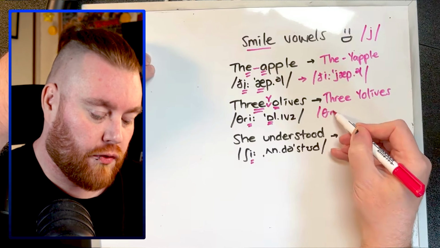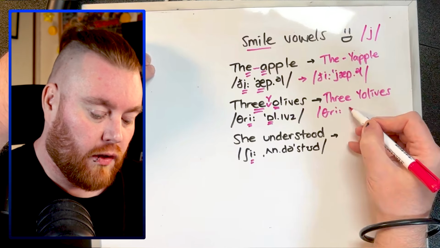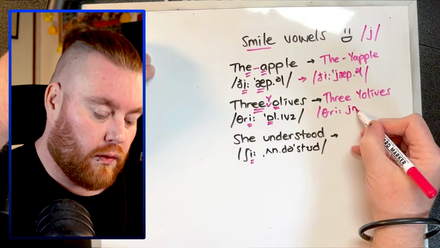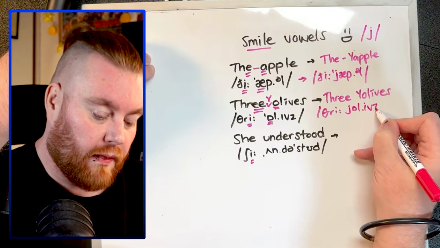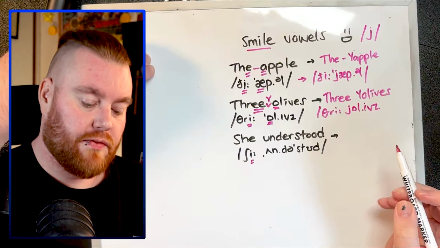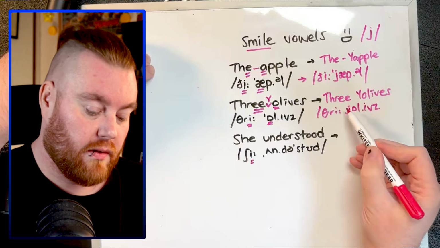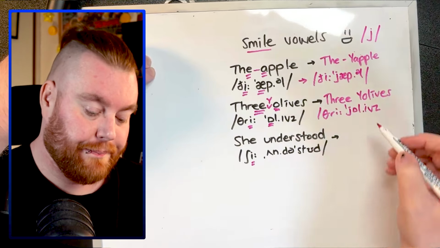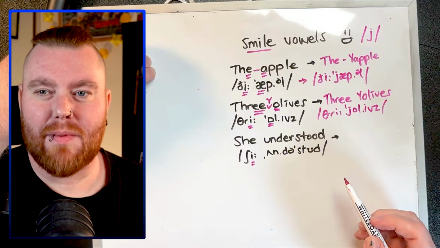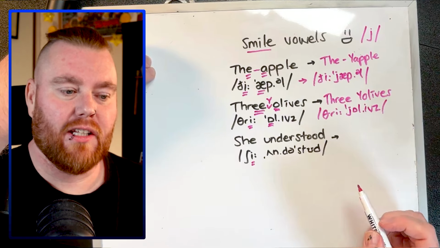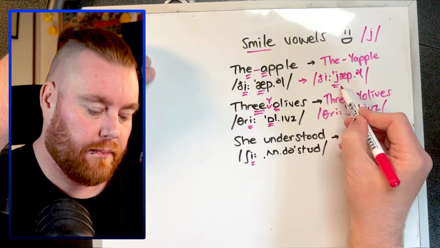It's like three olives. Cool. So once again, E, smile, olives. Three olives. We're adding this Y.